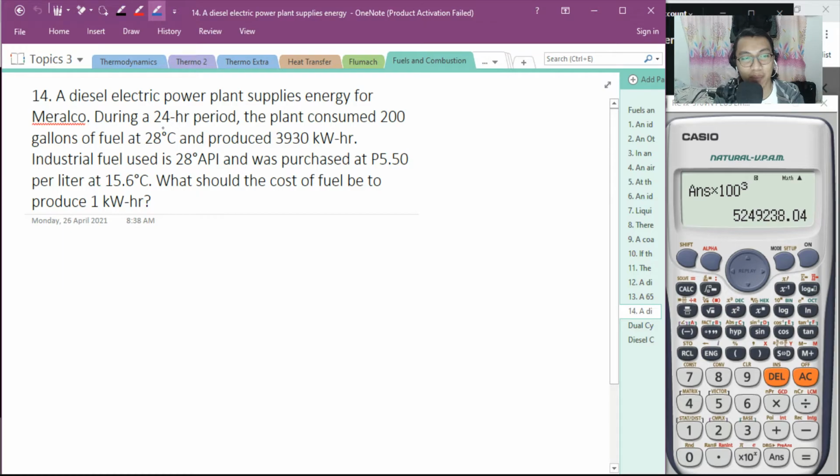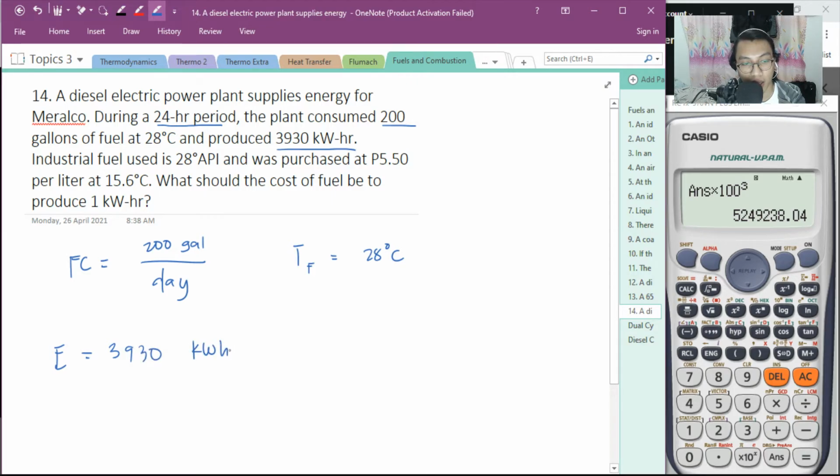So, during a 24-hour period, so you have 24 hours, the plant consumed 200 gallons of fuel. So, ang fuel consumption niya is equal to 200 gallons per day at 28 degrees Celsius. So the temperature of the fuel is 28 degrees Celsius. Produced yung energy, 3930 kilowatt hour.